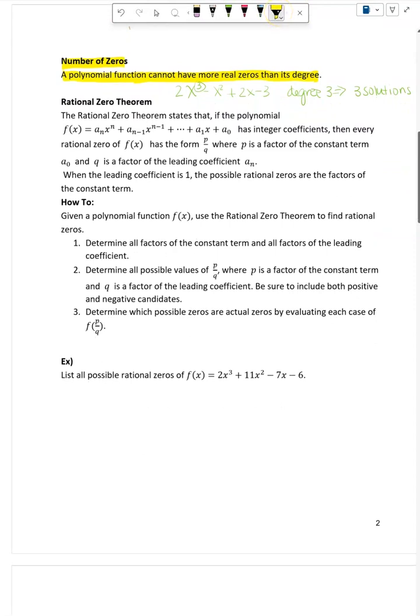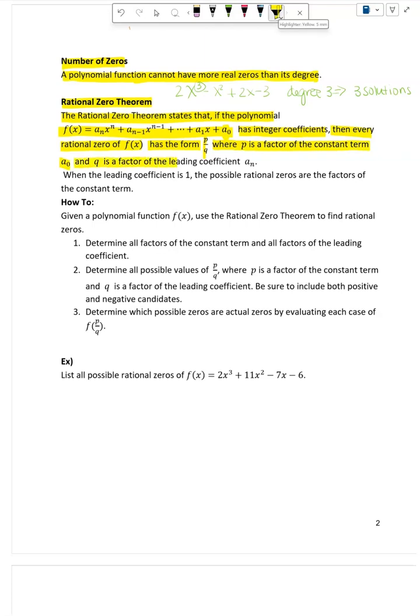Okay, now let's look at the rational zero theorem. The rational zero theorem states that if a polynomial, and this is just the math definition of a polynomial, okay, it just means any coefficient in front of x to any number, and then it just descends in order, has an integer coefficient, then every rational zero of f of x has the form p over q, where p is a factor of the constant term, a naught, that's back here.